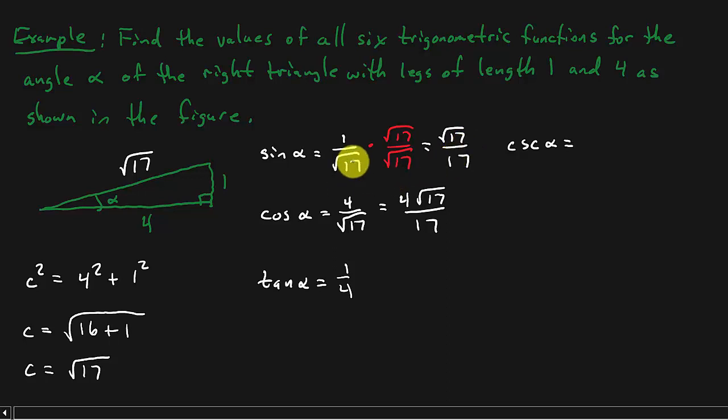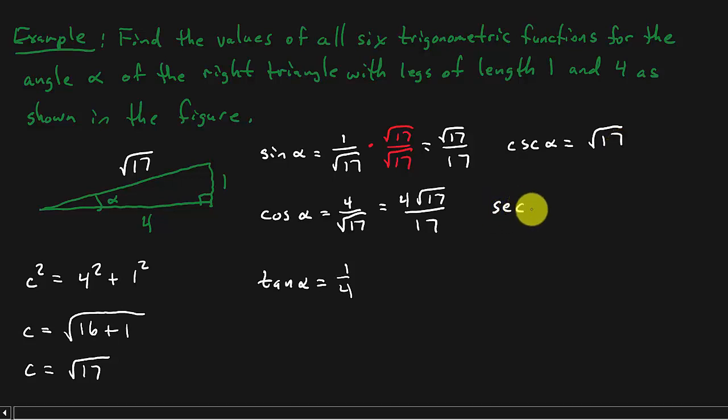Here, the denominator is not rationalized, but they're the same thing. If you punch 1 over square root of 17 into your calculator, and then you punch square root of 17 over 17, you'll get the same answer. They're the same thing. So why not just take the reciprocal of this one? So what's the reciprocal of 1 over square root of 17? Just square root of 17. So you're done. You don't have to rationalize the denominator.